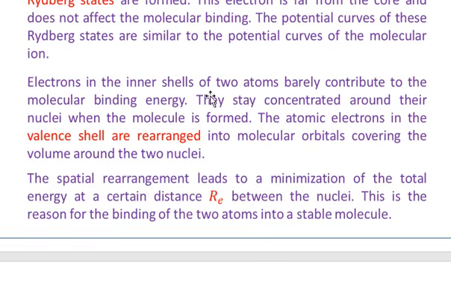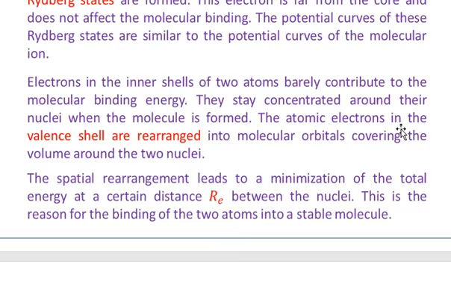Electrons in the inner shells of two atoms barely contribute to the molecular binding energy. They stay concentrated around their nuclei when the molecule is formed.